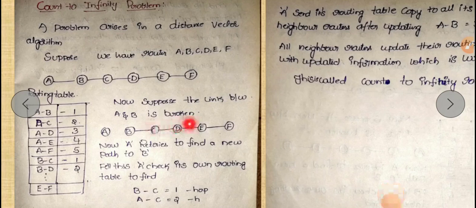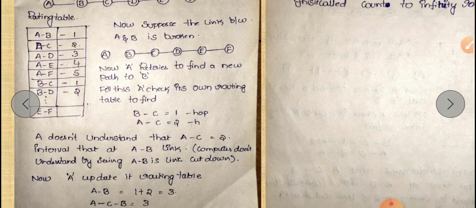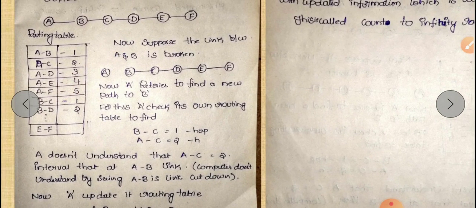Now just have a look at my routing table. A to B, B to C, C to D, D to E, E to F. All are single, one hop count distance. Now suppose the link between A and B was broken. Just have a look at the left side: A to B the hop count is 1, A to C the hop count is 2, A to D the hop count is 3, A to E hop count is 4, A to F hop count is 5.